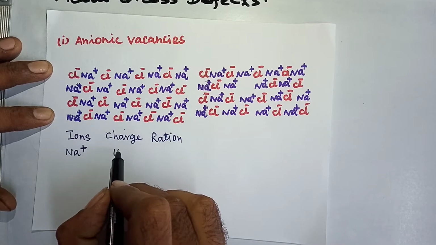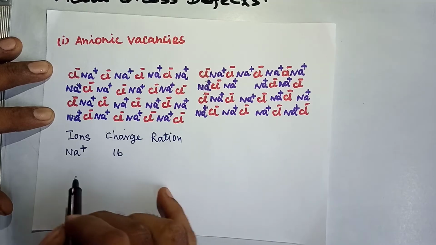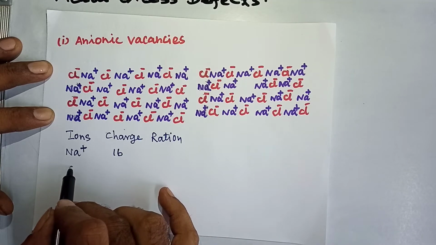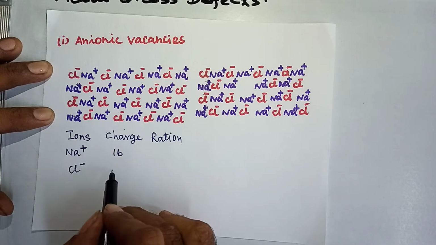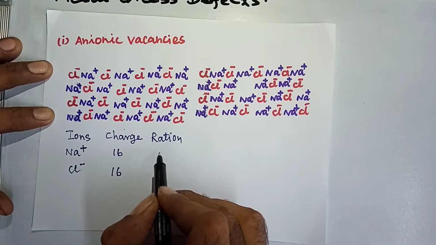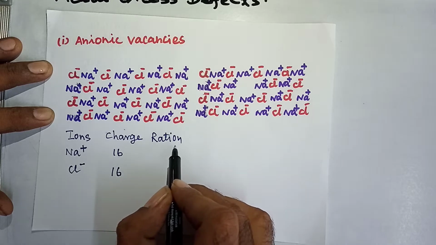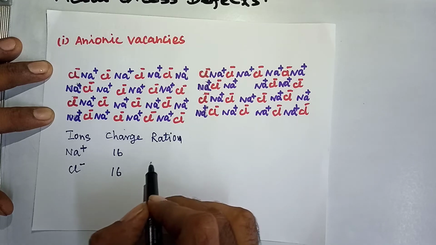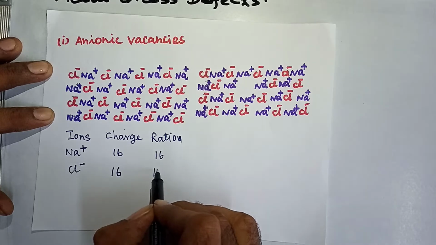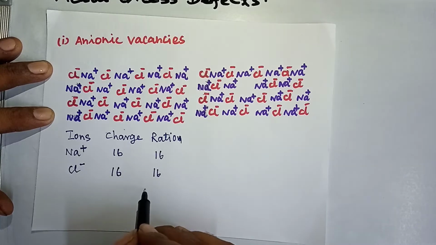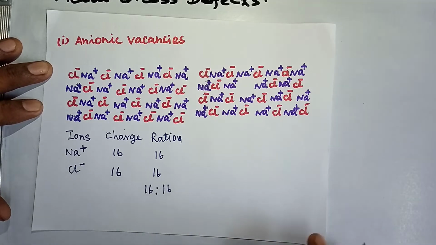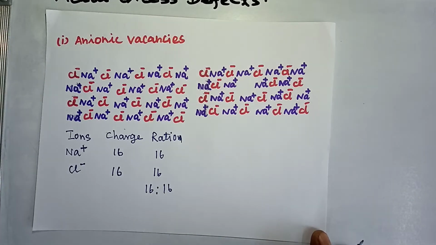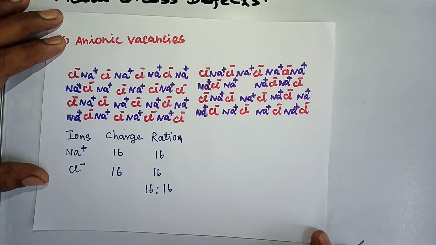Here 16, with charge also 16. The Cl minus ions, the anions, are also 16. The ratio of cations to anions is 16 to 16. So before the defect, the number of cations and anions remains the same.